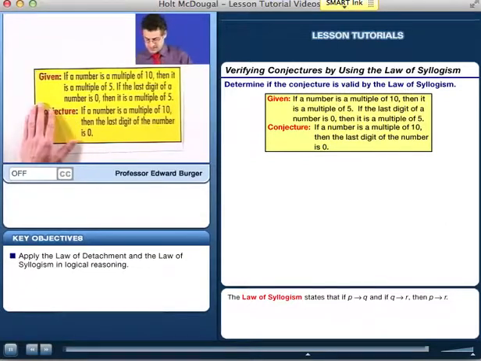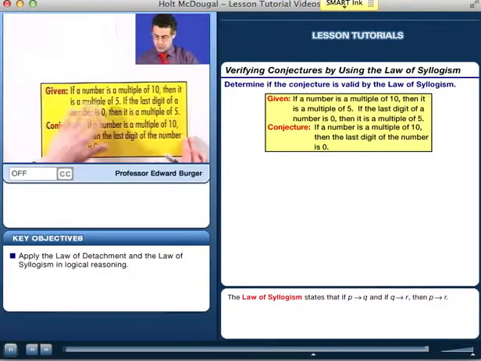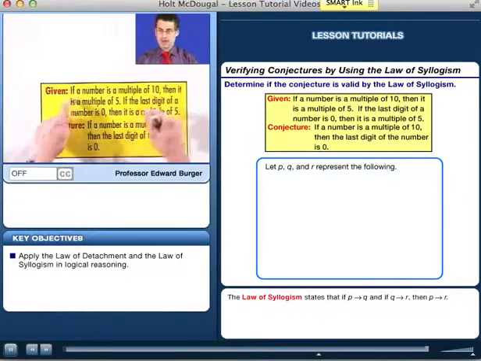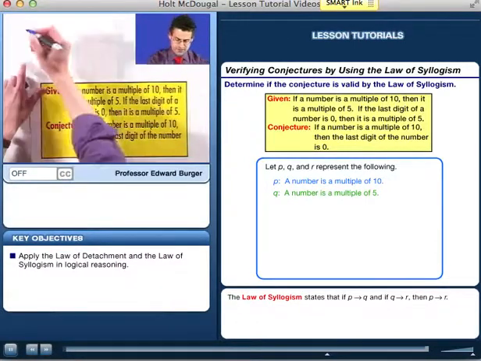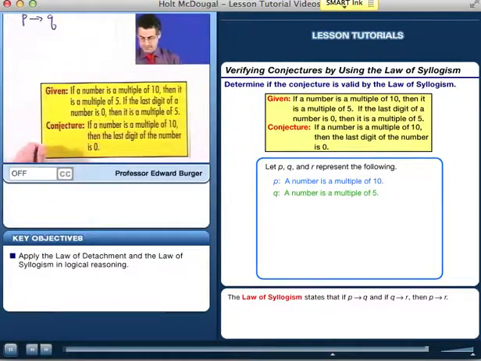Let's see if we can do this. Again, I'm going to convert these words to symbols. A number is a multiple of 10; let's call that P. And a number is a multiple of 5; let's call that Q. So the first statement is P implies Q. Then the next statement is the last digit of a number is 0.